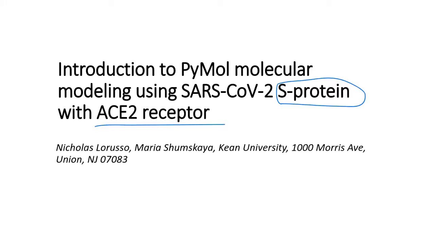It's designed to interact with some hormones, but the virus figured out how to attach to it and then enter the cell. So our job for today is to learn how to model this protein, how to figure out its 3D structure, and label important parts of it. So that's the job that's done by biochemists and computational biochemists.